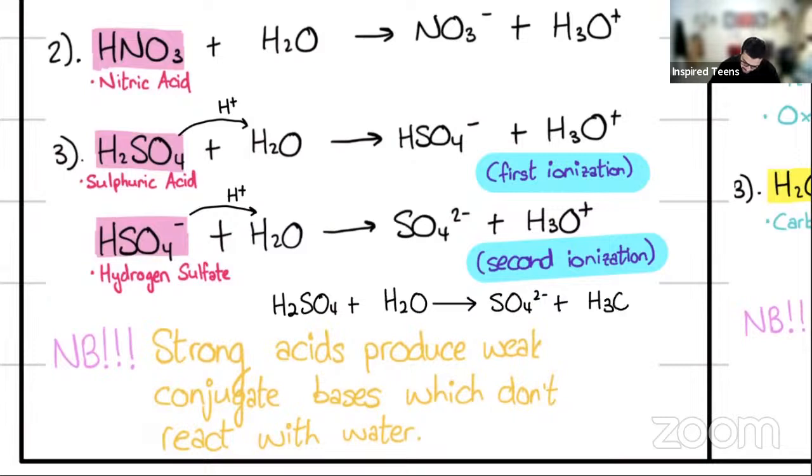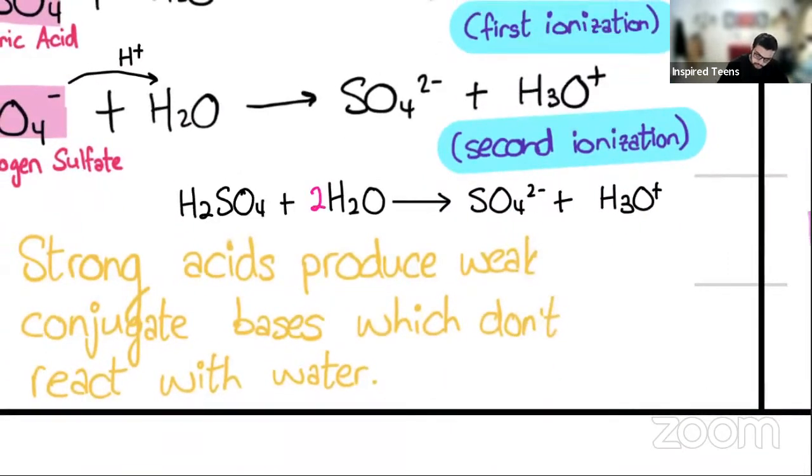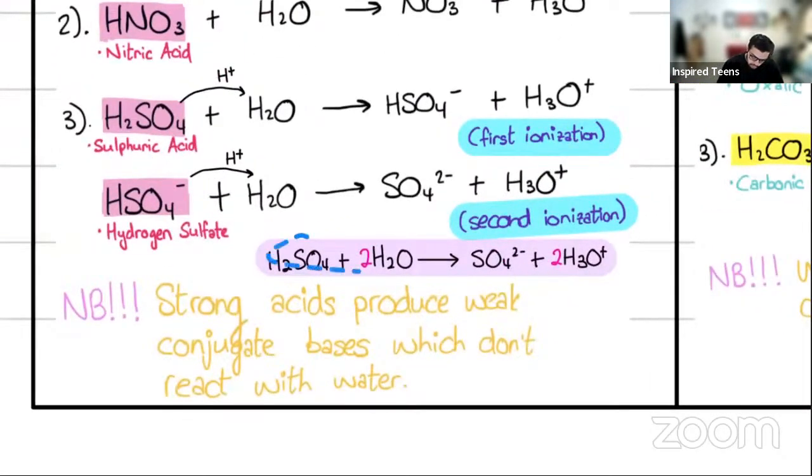So we can directly write the final outcome: H2SO4 undergoes ionization and forms SO4 2 minus. However, when we do it this way, there is some balancing we'll have to do. There'll have to be a 2 in front of H2O and a 2 in front of H3O plus in order to balance. So there we have it. This is the double ionization reaction of H2SO4 all in one step.